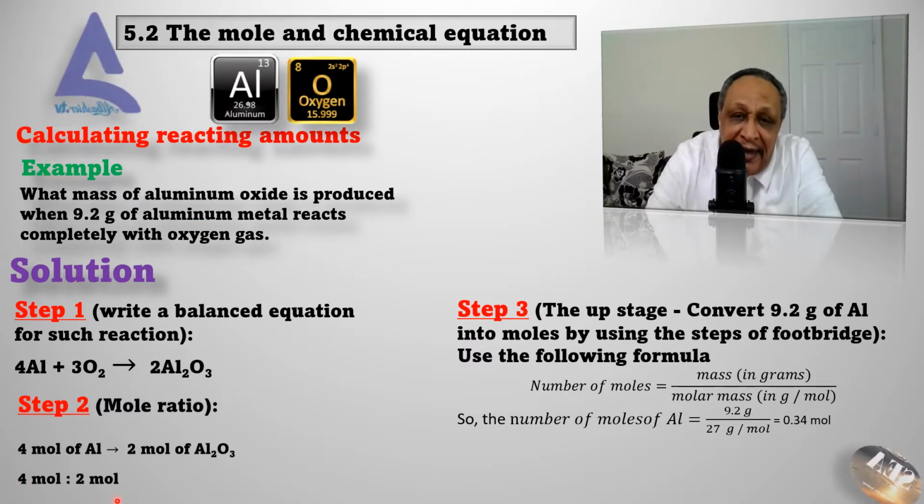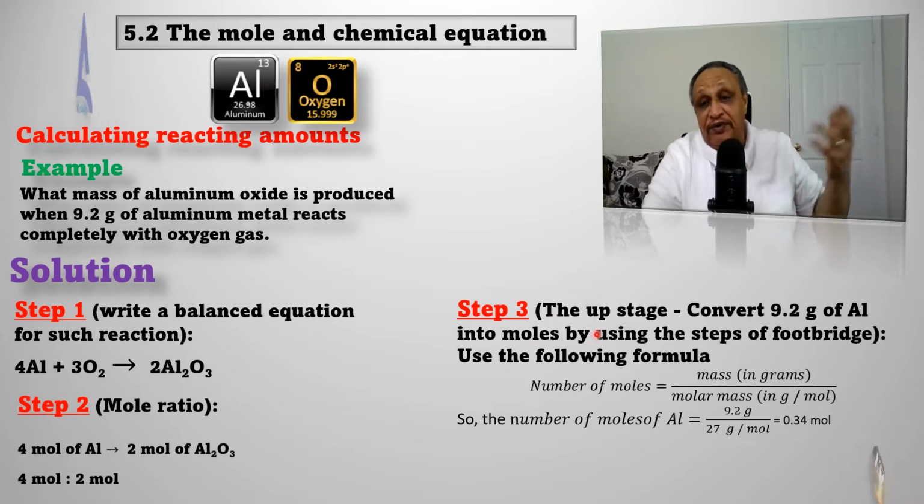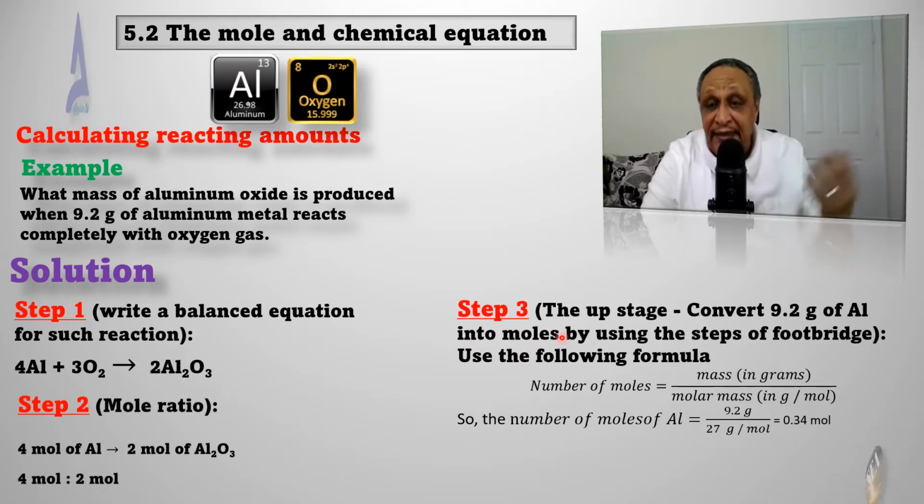I need to know how many moles of aluminum are in this. In order to get the moles, if you remember what we have studied before, the number of moles equals the mass in grams over the molar mass in grams per mole. So the number of moles of aluminum is 9.2 grams over 27.